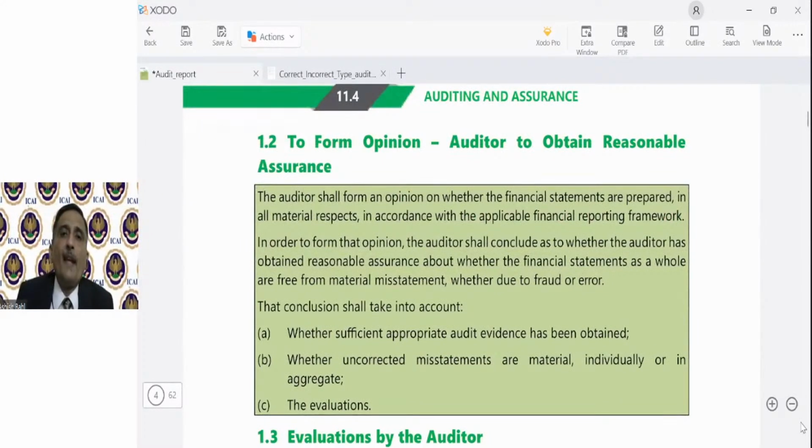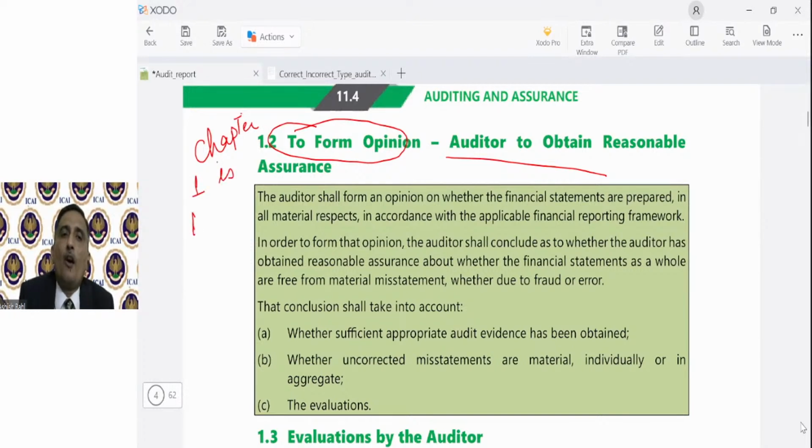Now, to form an opinion, what does the auditor have to do? Again, the same thing. That is why, guys, I am saying that chapter 1 is the backbone of this subject.